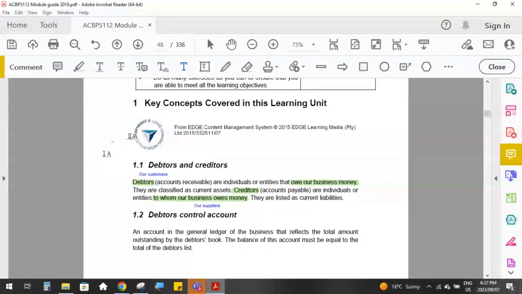And we have to reconcile those two to make sure that whatever the bank has recorded as having taken place in our bank account is exactly the same as what we have recorded as having taken place in our bank account. That's what a reconciliation is. We reconcile the two to make sure they are exactly the same and we know exactly where the differences are coming from.